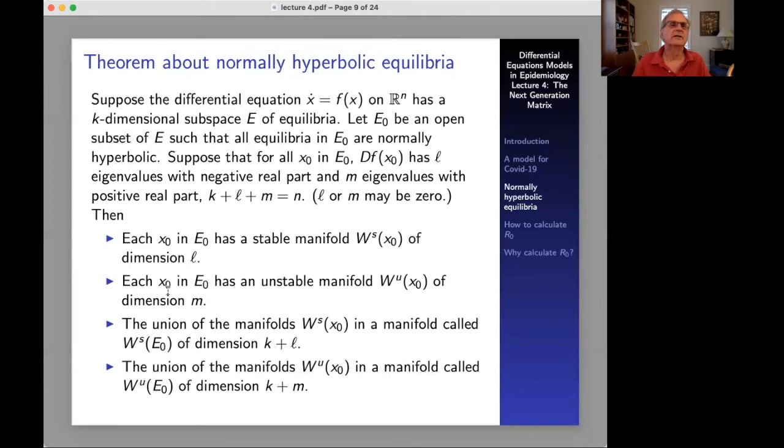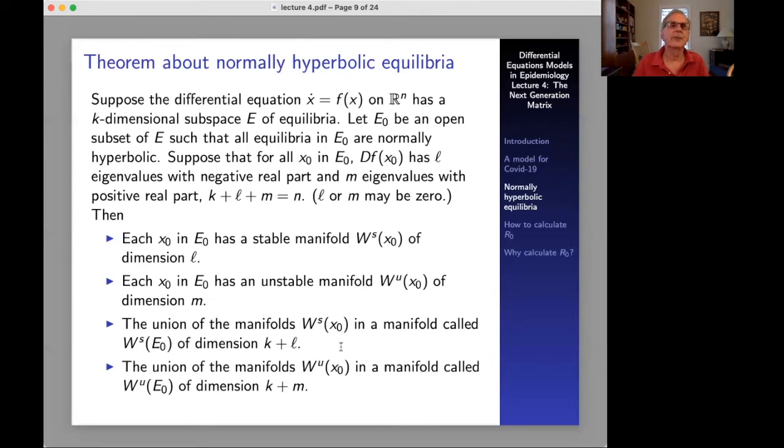Second, each x naught in E naught has an unstable manifold, Wu of x naught, of dimension M. M is the number of eigenvalues with positive real part. And this manifold consists of all the solutions that approach x naught in backwards time.